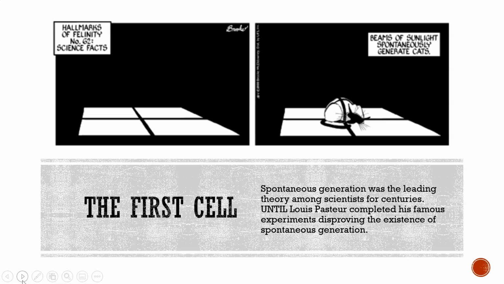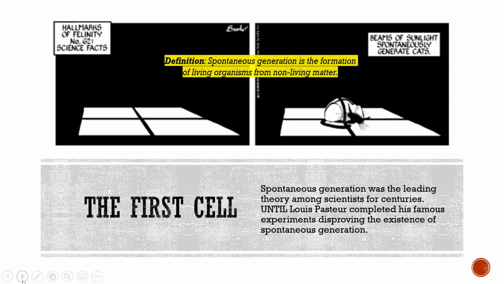Okay, and we said that generations ago they believed in this spontaneous generation. This was the leading theory amongst scientists for centuries, where they believed that cells just spontaneously appeared. This was until Louis Pasteur did his experiments and disproved the whole theory of spontaneous generation.